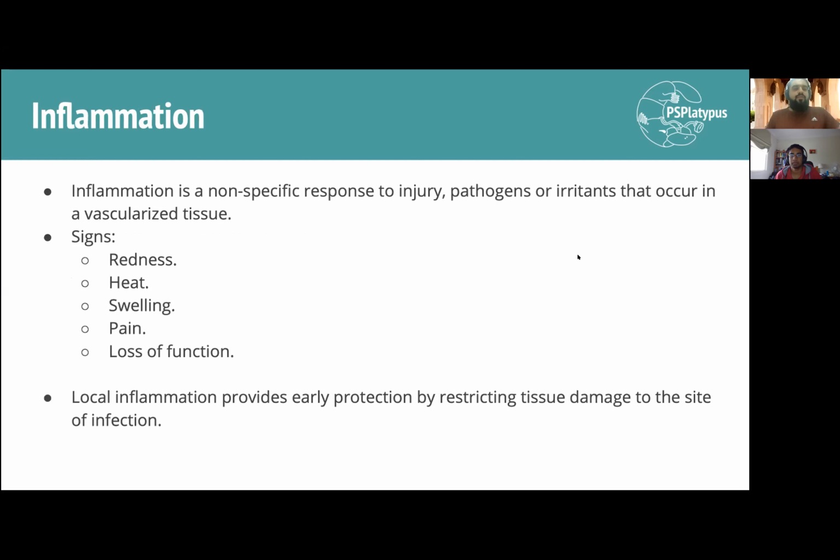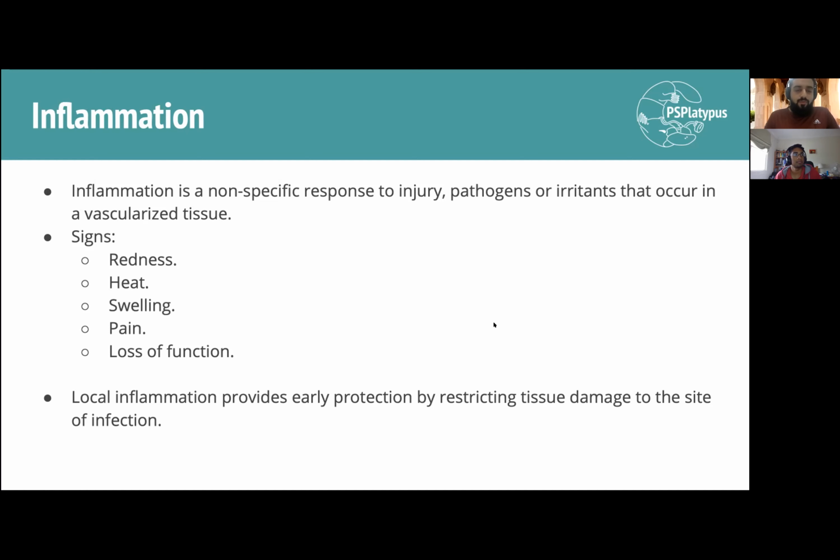Now let's talk about inflammation. So inflammation can be considered as part of our innate immune system. It's a non-specific response to injuries, pathogens, or irritants that occur in vascular tissue. It has 5 signs: redness, heat, swelling, pain, and loss of function.